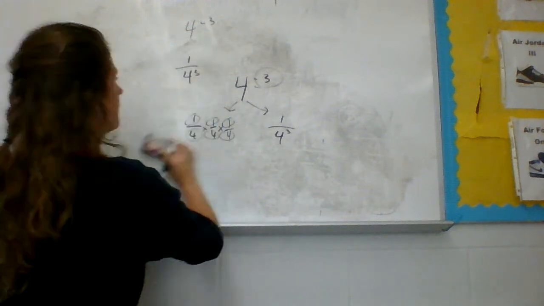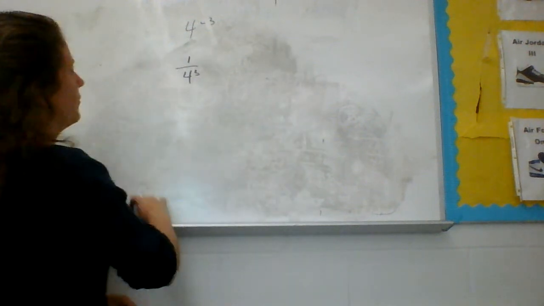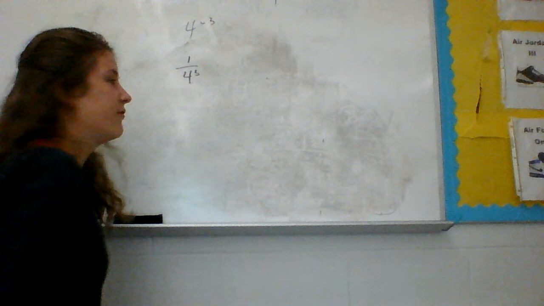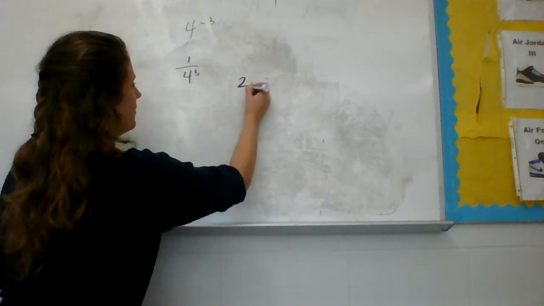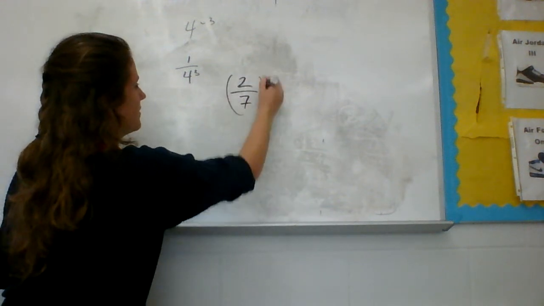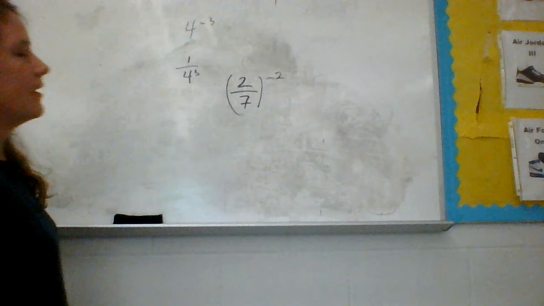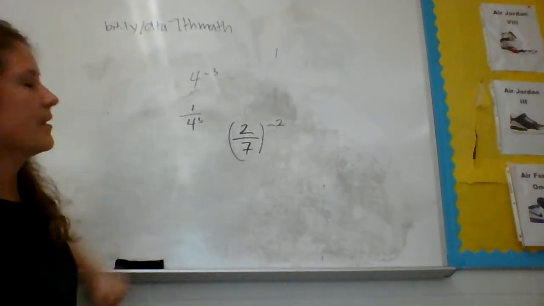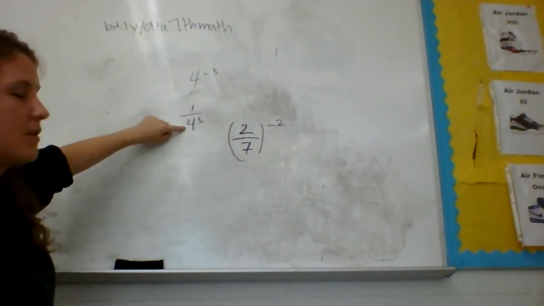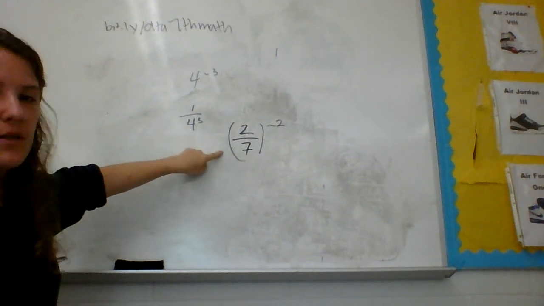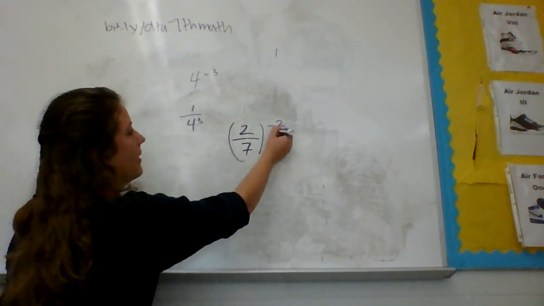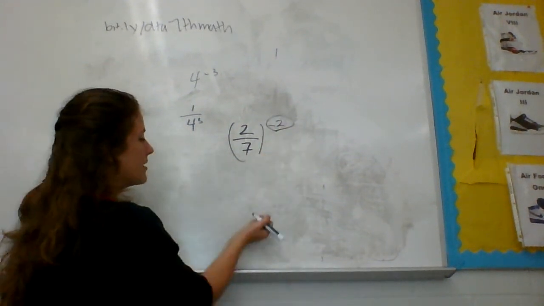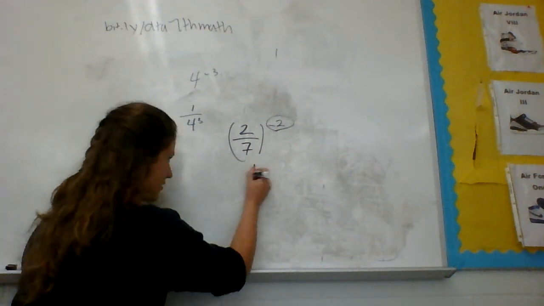Okay. Our next example. We're going to do a fraction, and my fraction is 2/7 to the negative second power. Now, I know that 4 to the negative third power is the same thing as 1 over 4 to the third power. So I'm going to do the same thing with this. I look and see that my exponent is negative, so that means I'm going to have a fraction.